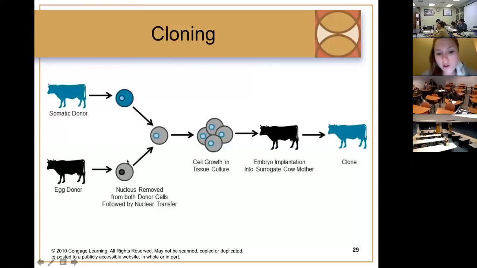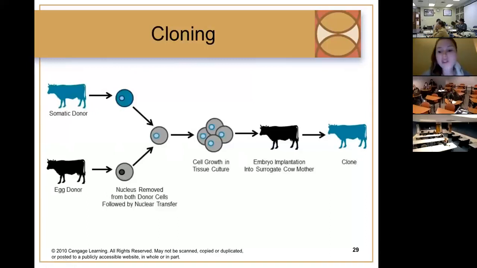Those two come together to form that combination, and the cells are grown in tissue culture. Then you take that embryo and implant it into a surrogate mother, and that will go to term and give you your cloned animal, which will have similar qualities to the somatic donor. That's visually how that works.